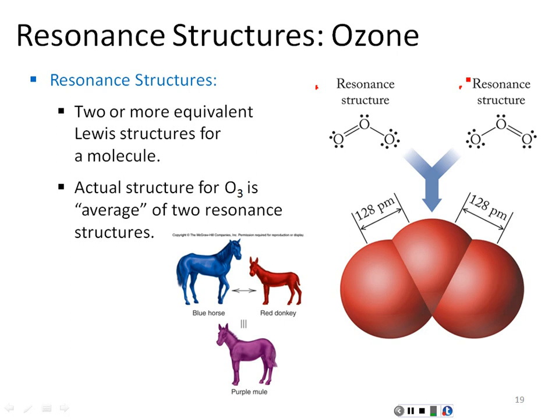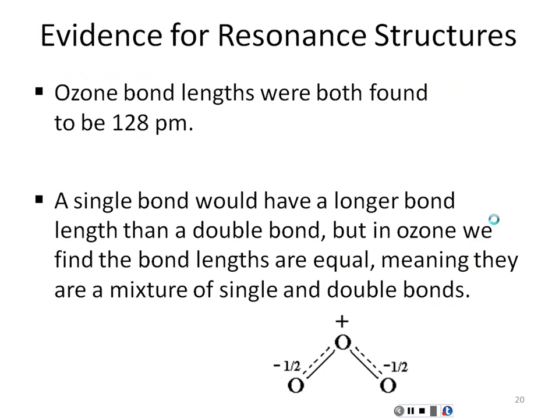And the evidence we have for this, that it is a mix, is that when we find the crystal structure of ozone, we see that the bond lengths are both 128 picometers. It's not like one side has a longer bond and the other side has a shorter bond and they flip between being long and short. They really are the same length. So it is an average of these structures.